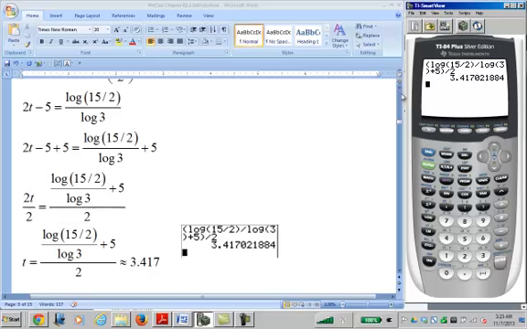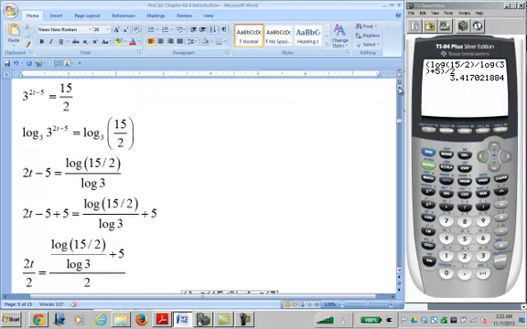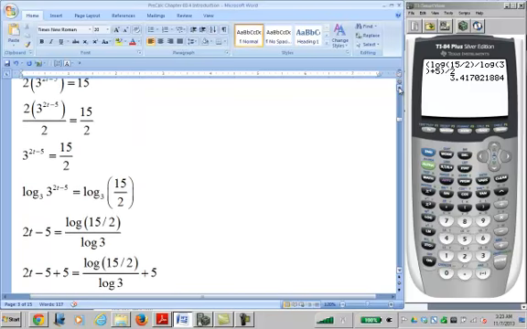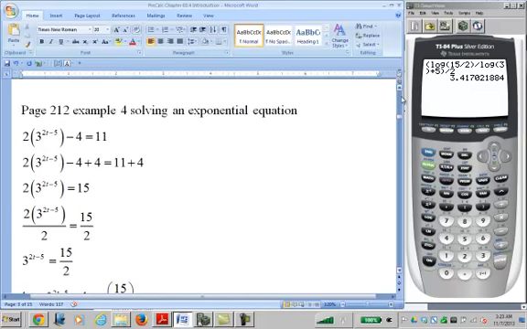Now, we're going to use our answer. This is what t equals, and we're going to put it back into the original equation. So we're going to go back up to the top here, and we're going to use the calculator to do this.